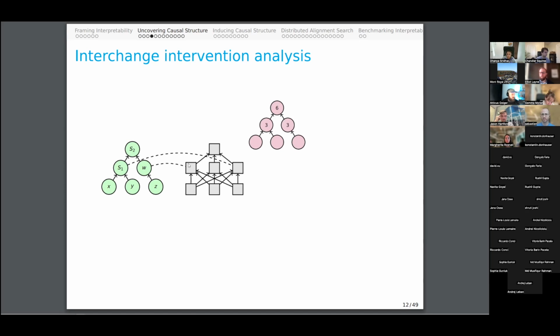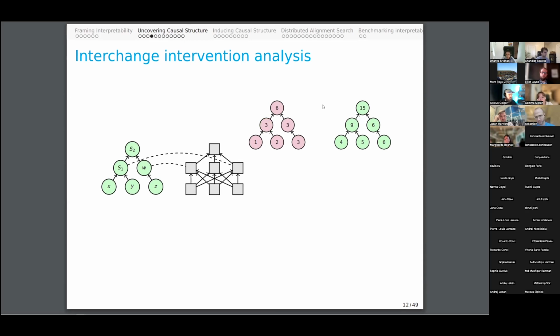So if we wanted to test our hypothesis about S1, we would run an interchange intervention at the high level. With input 1, 2, 3, we get this intermediate state and the output of 6. The other input is 4, 5, 6. We get an intermediate state of 9 and 6, and the output 15. So an interchange intervention would say, take this S1 and replace it with the value it takes on a different run.